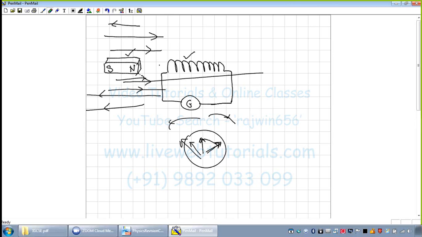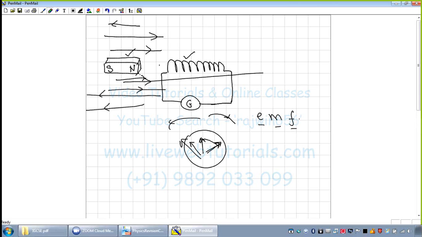So when there is relative motion between the magnet and the coil, an EMF is induced in it. Whenever EMF is induced, we mean to say that a voltage, a potential difference, is generated. EMF is electromotive force. There is a slight difference between potential difference and EMF, but that part will come later.